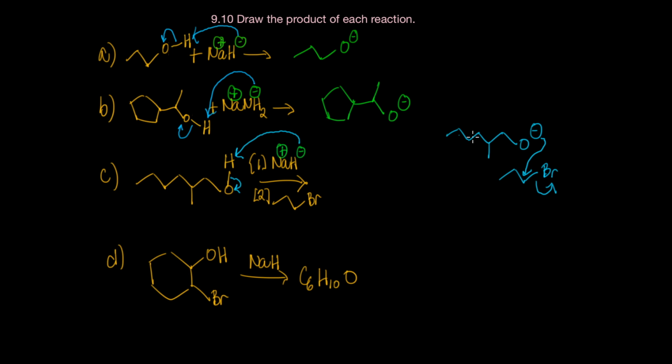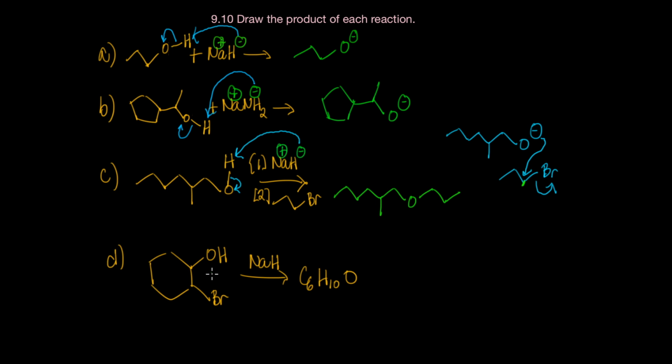And so we're going to redraw this molecule here with the appropriate number of carbon atoms and attach a propyl group off the oxygen. Okay, so here's my oxygen, and then I have 1, 2, 3 carbons. Okay, so that's this ether.